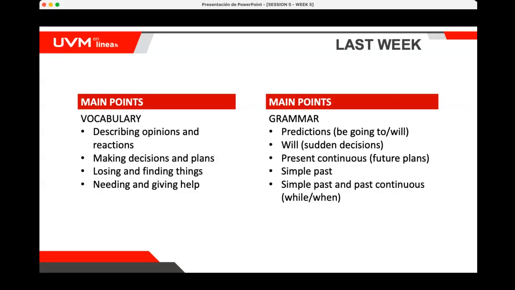Then, in terms of verbs, you worked with the simple past, and you also worked on a contrast between the simple past and the past continuous. And also, an important thing that I remember now is that you worked with the simple past and past continuous in relationship, in sentences in which you can use both of those verbs.